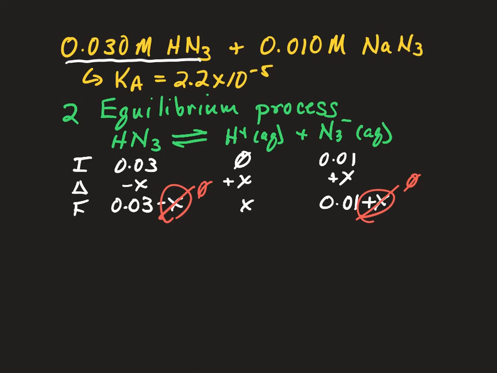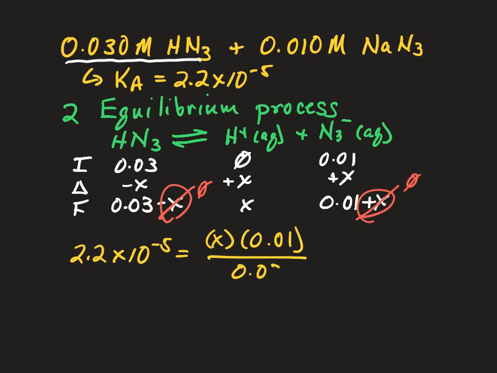So when we write out our Ka expression, our 2.2 times 10 to the minus 5 is going to be equal to x times 0.01 divided by 0.03. And so when we do that, we're going to get that 6.6 times 10 to the minus 5 is equal to x.